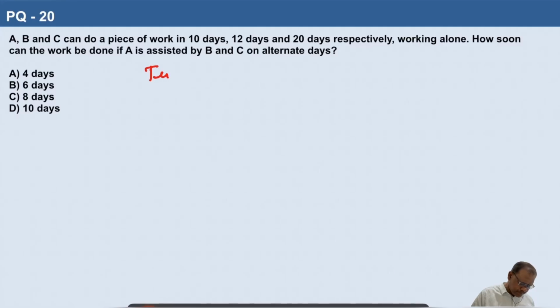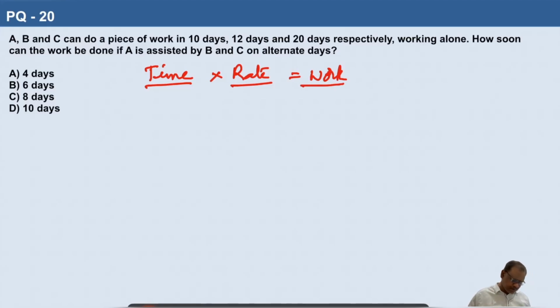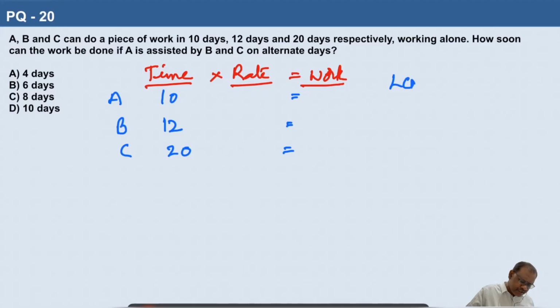Time and work rate, time into rate is equals to work. So we have 3 people here, A, B and C. So A will take 10 days, B 12 days, C 20 days. So what is the LCM of 10, 12 and 20?